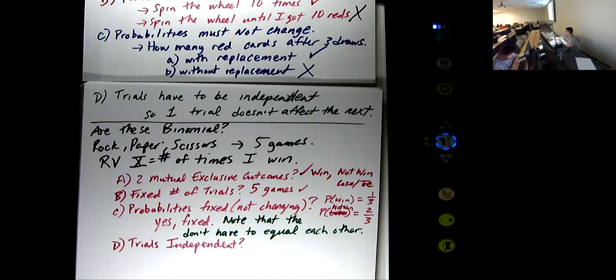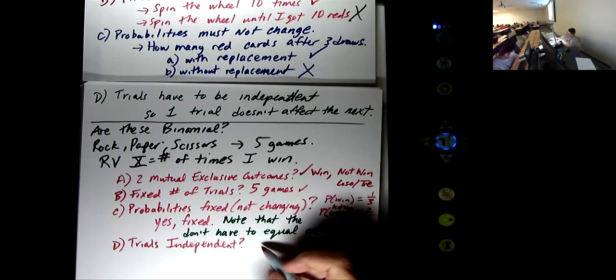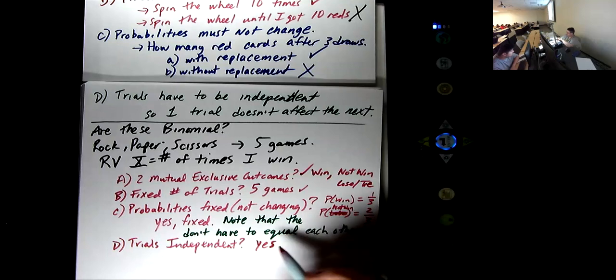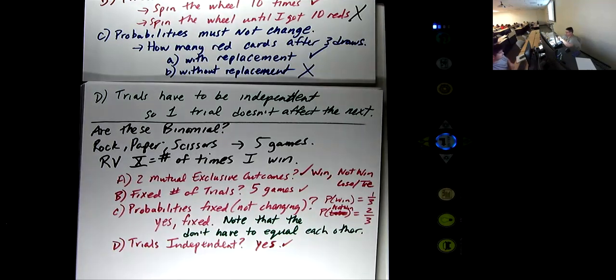But whether or not you win is really independent, because it's all related to what the other person throws, and you have no idea what they're going to throw. So yeah, they're independent. It may not seem like they're independent, but they are. So this would be a binomial distribution.